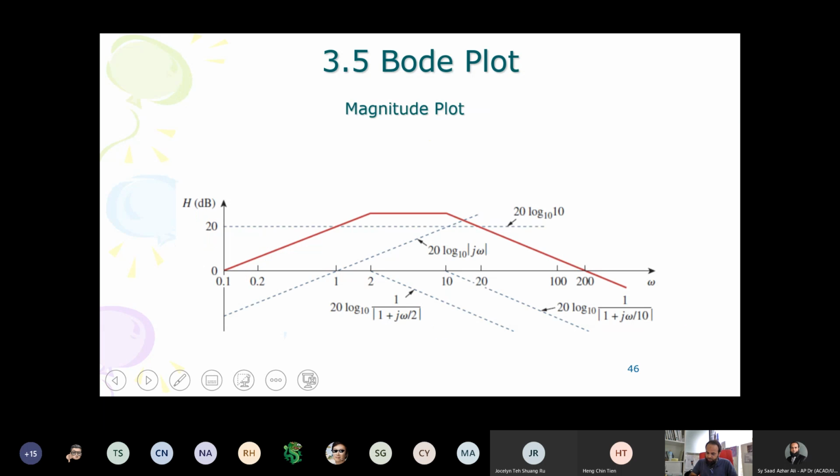From point 1 until 2 was plus 20 dB. From 2 until 10 was a flat line, and after 10 was a negative 20 dB slope: minus 20, 0, and 20. Right?